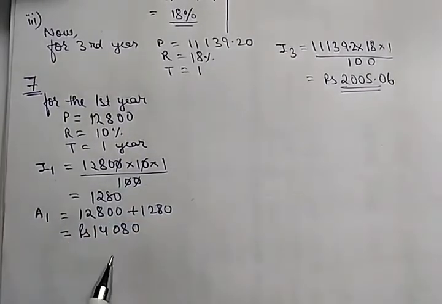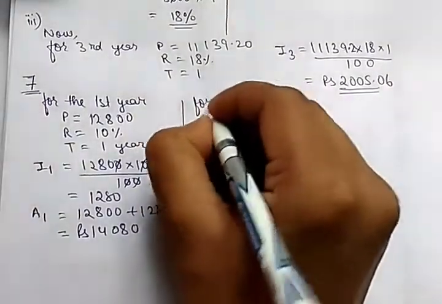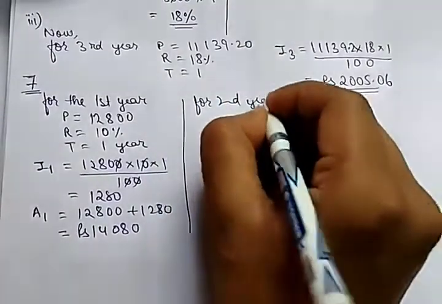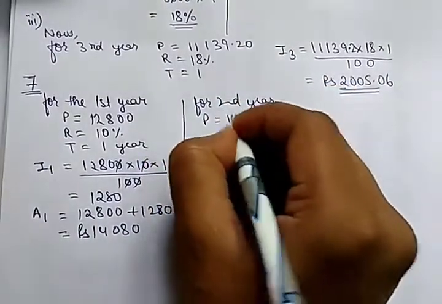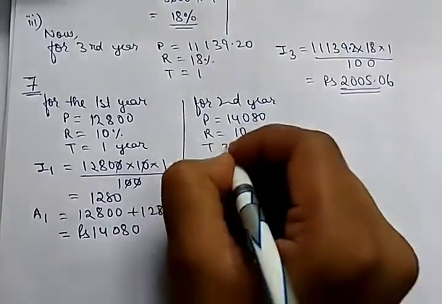This is the amount for the first year. This will become the principal for the second year. So for the second year, principal is equal to 14,080, rate is again 10%, time is 1 year.